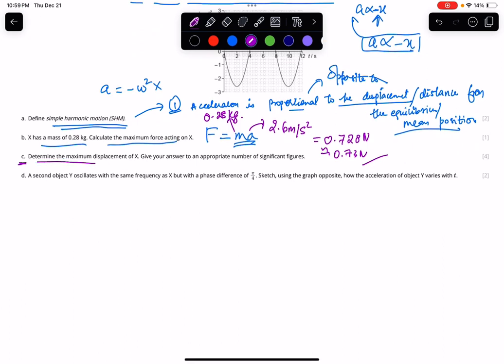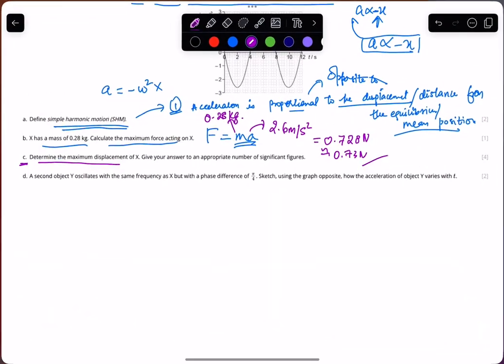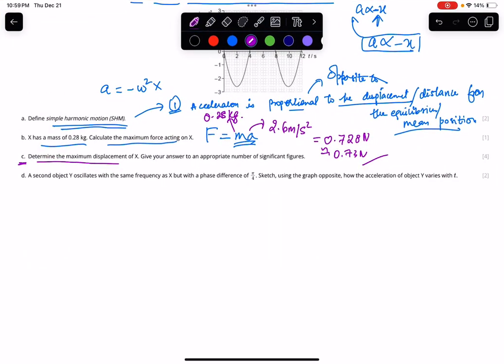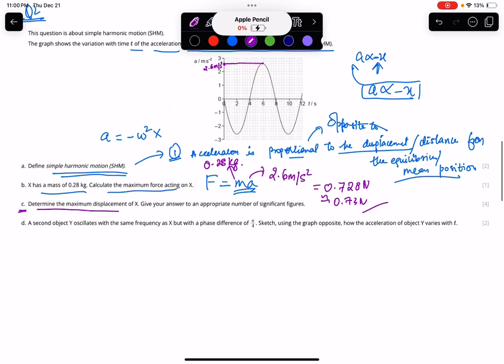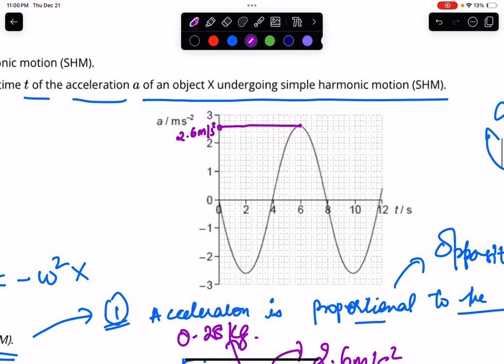Now for C, they're saying determine the maximum displacement of x and give your answers in terms of the appropriate number of significant figures. Okay. So what we can see is that over here we have this graph where acceleration is varying with time, right?